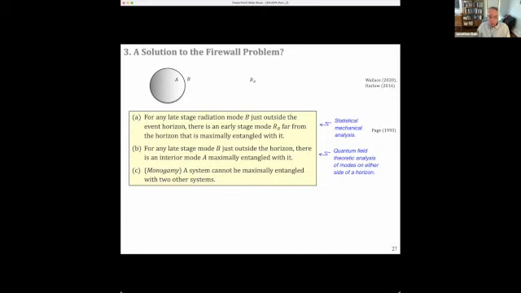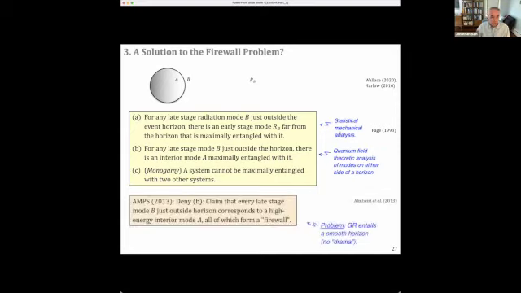And the firewall problem is associated with a particular attempt to resolve this, I guess you might call it a trilemma. And this attempt was described in this famous article by Almheiri, Marolf, Polchinski, and Sully, AMPS for short.